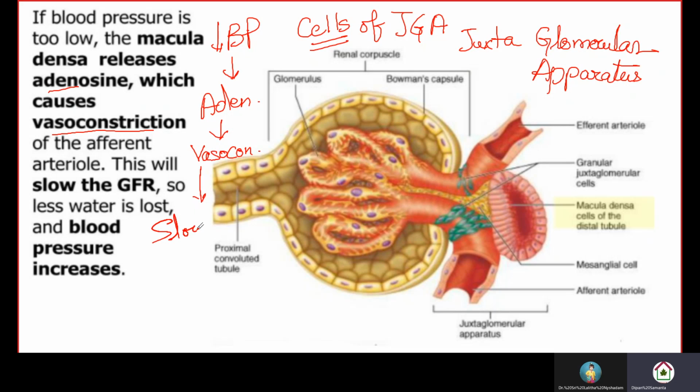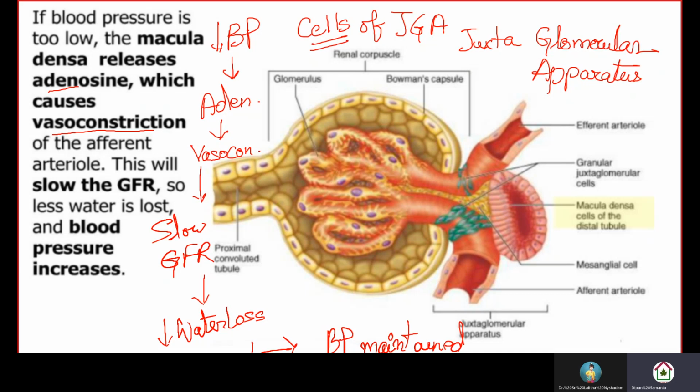If GFR gets slow, water excretion will be delayed, so water will be conserved in our vascular system. The amount of water loss from vessels reduces, and blood pressure will be maintained, or at least increased a little.